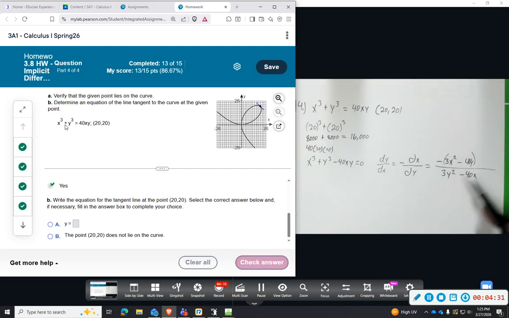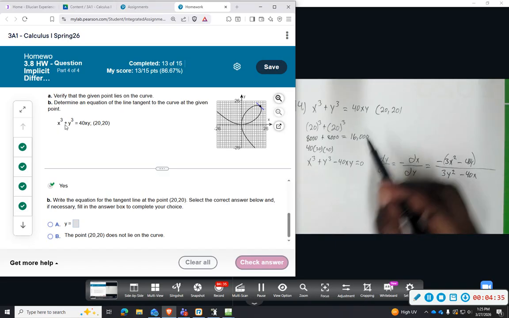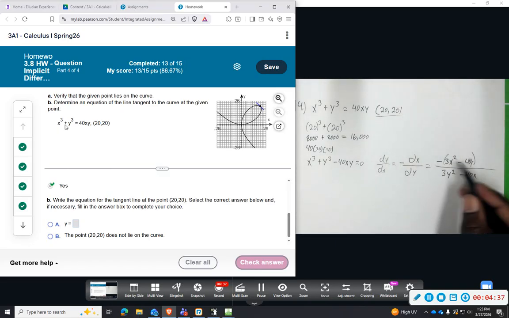All right, so here is our derivative. Once we find the derivative, we have to plug in the ordered pair 20, 20 to get the slope.